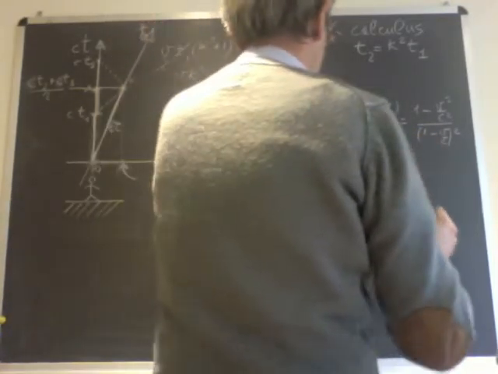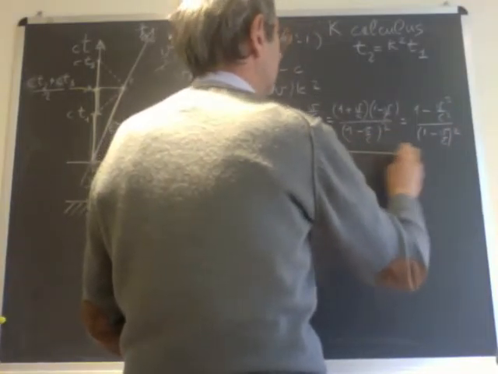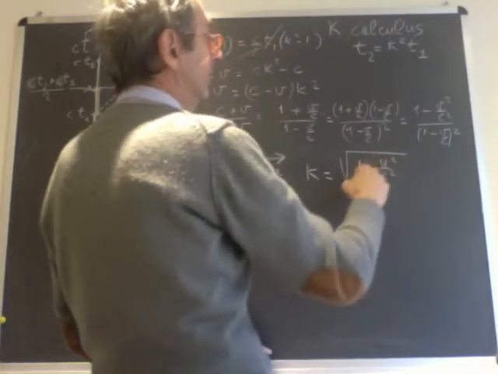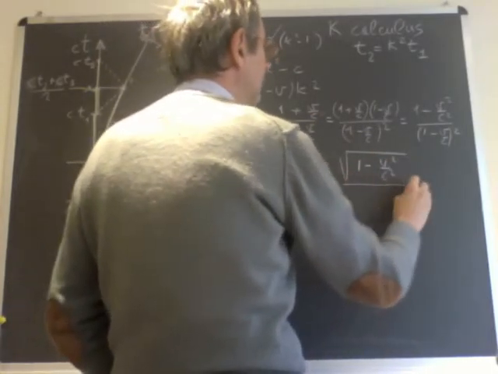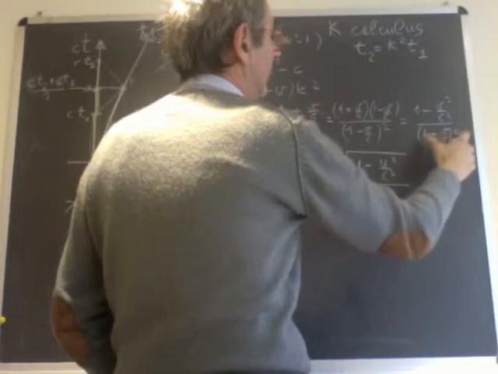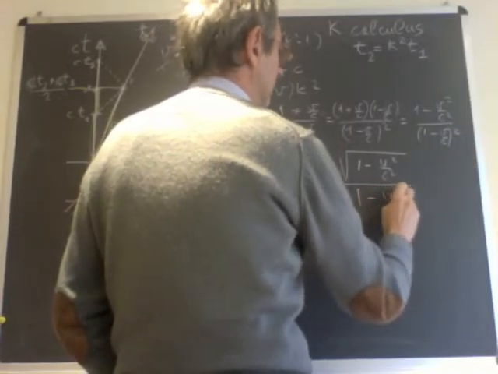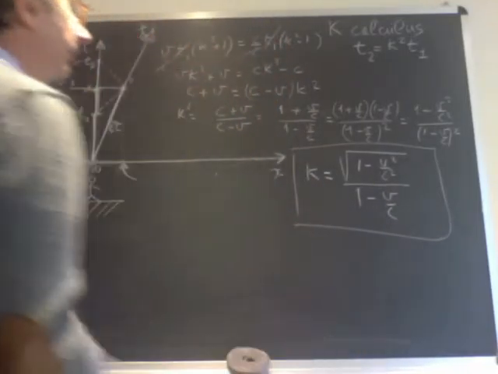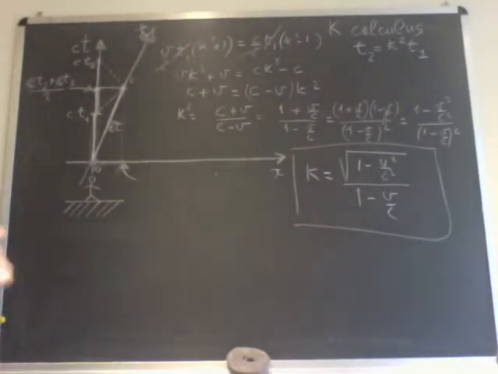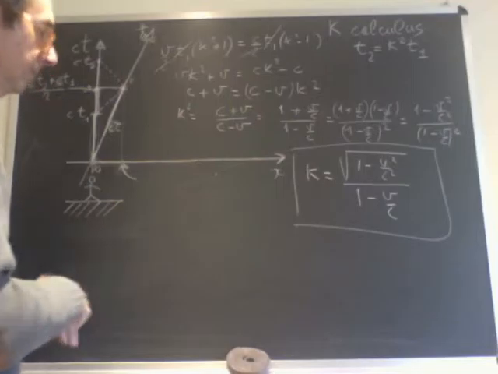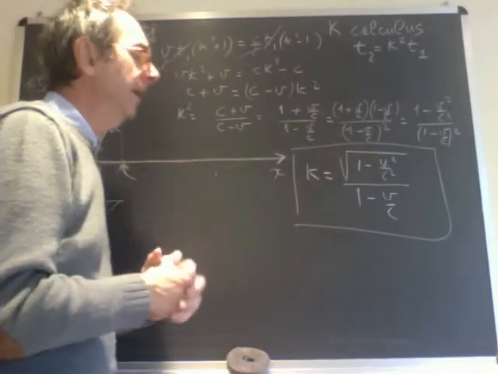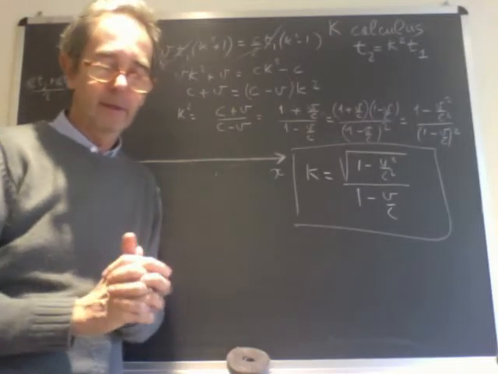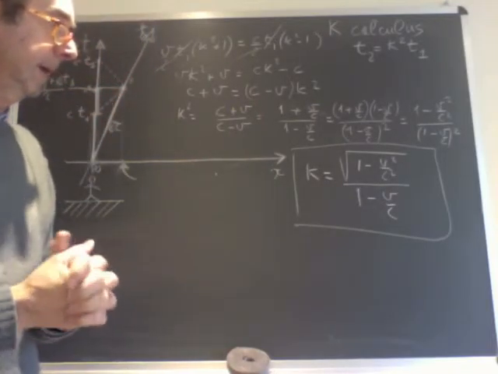But when I perform the square root, I've got the square root of 1 minus v squared over c squared, that is the Lorentz factor, you recognize it, divided by the square root of a perfect square, which is just like this. Okay, so this is the value of the k factor that will be very, very important and useful to calculate many things.